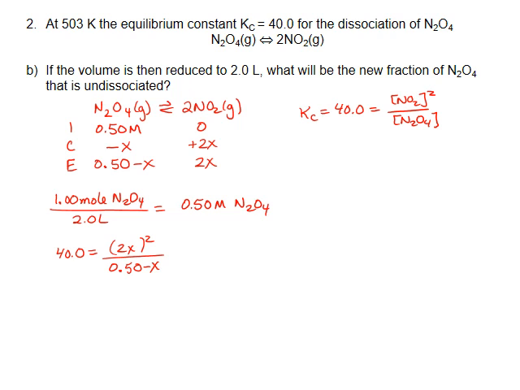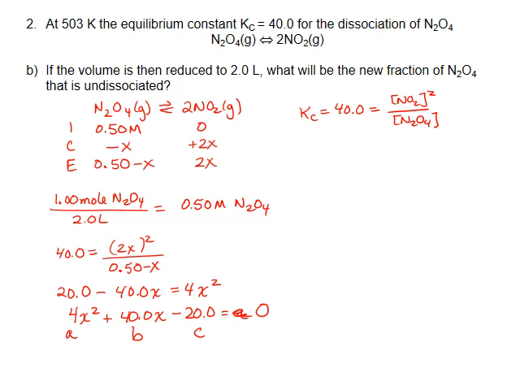Again, we're going to need to do some algebra here, so let's multiply through and rearrange it so that it looks like the quadratic equation, where we have 4 as our A value, 40 as our B value, and negative 20 as our C value.